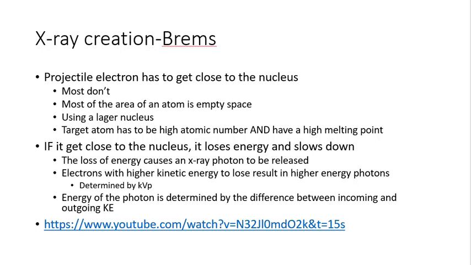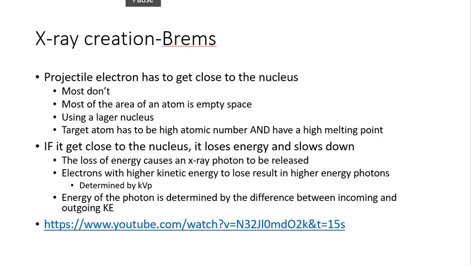So if it lost 99% of its energy and it came in with 100 keV worth of kinetic energy, then we would create a 99 keV X-ray photon. So how you calculate is the difference between the incoming energy and the outgoing energy of the electron. If it comes in with 100 kVp and it leaves with 1 kVp worth of energy, then the X-ray photon that you create is going to be 99.